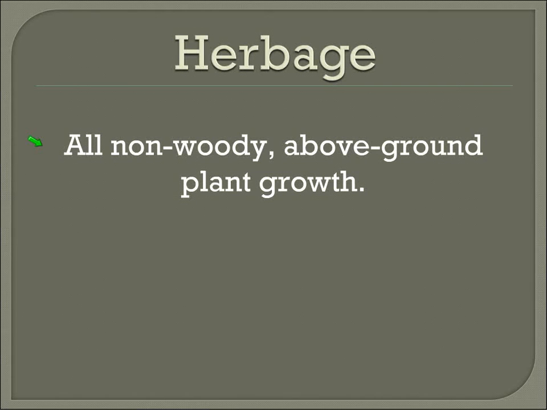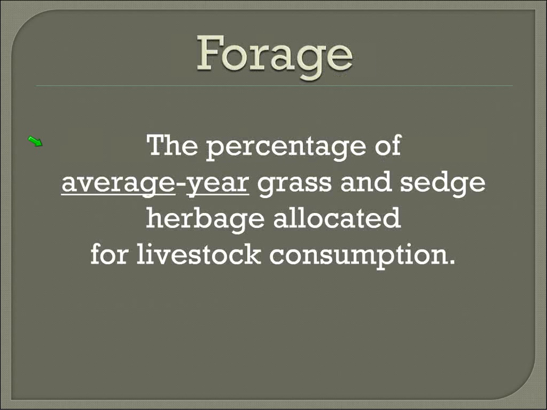It's important for me to explain what we mean by herbage as well as forage. Herbage is the middle category of numerical information on our CFR worksheet, and we define that as all non-woody above-ground plant growth. We define forage as the percentage of average year grass and sedge herbage that is allocated for livestock consumption.